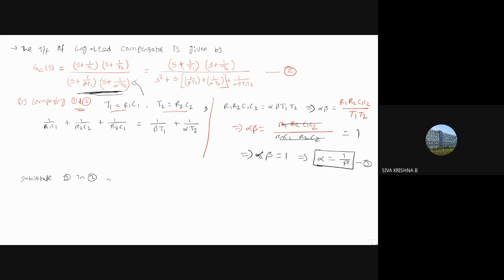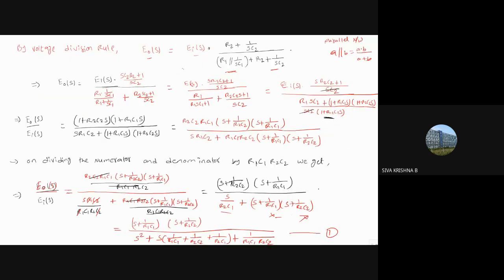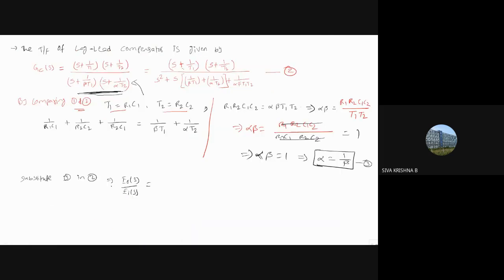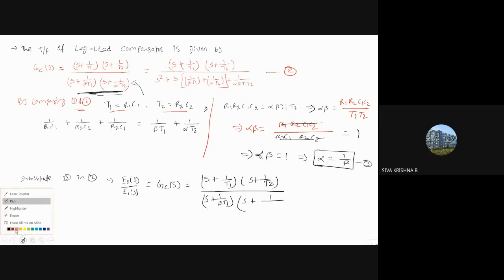What will happen? E naught of S by A of S: if you see this, both are the same, no change. So GC of S equals S plus 1 by T1 into S plus 1 by T2 divided by S plus 1 by beta T1. And how do we change that alpha? Alpha is 1 by beta, into T2.